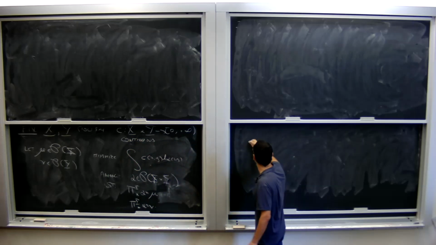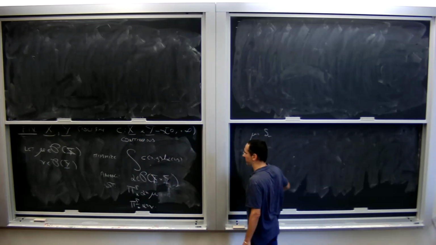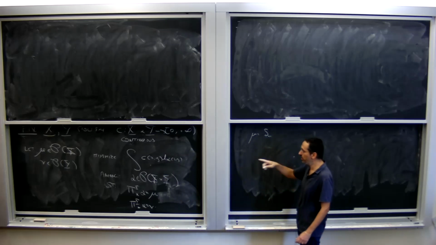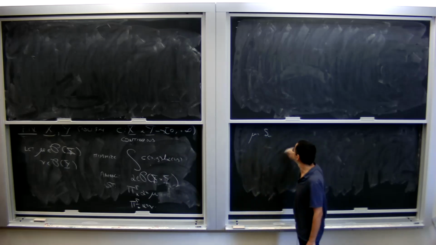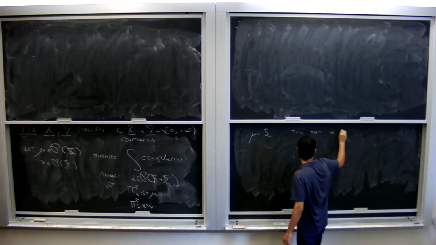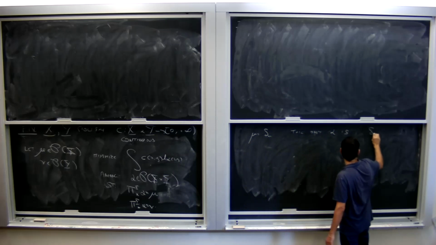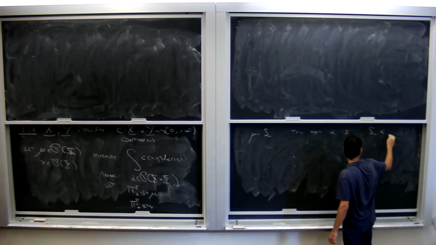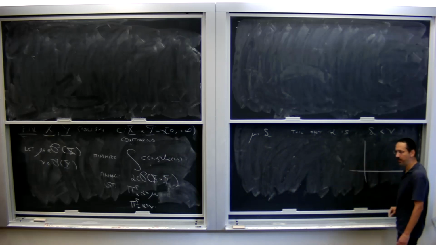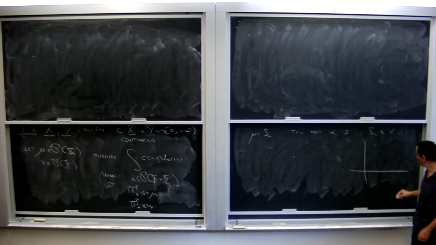More generally, if mu is just a delta, or nu is just a delta, one of the two is a delta, then there is only one alpha that does the job. The only alpha is delta at x product nu. You can see this by thinking about the shape.